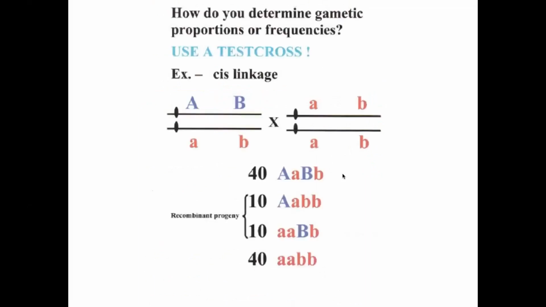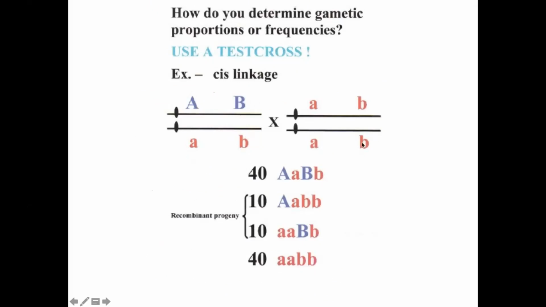So let me give you an example of that. So here, specifically in our example, we're going to say that we have cis linkage in the dihybrid individual, and a situation where you can get recombination. So A and B are linked on one chromosome, little a, little b on the other. You're performing a test cross.